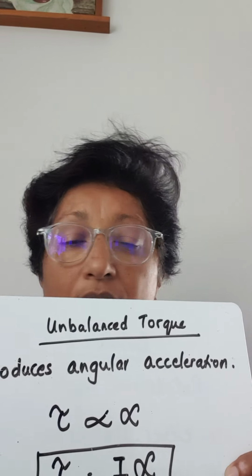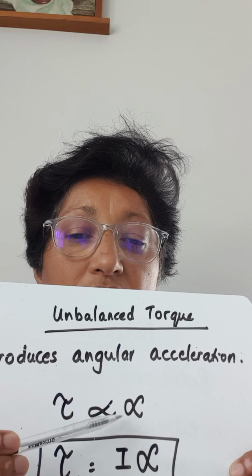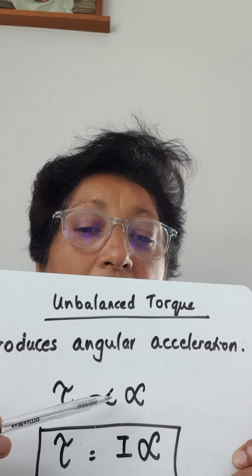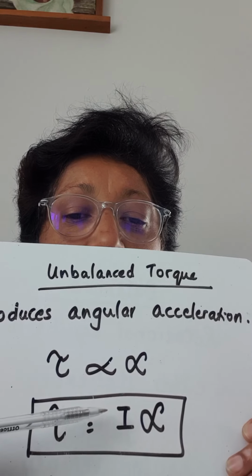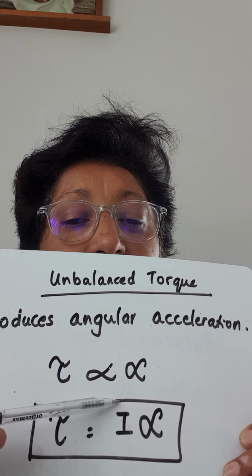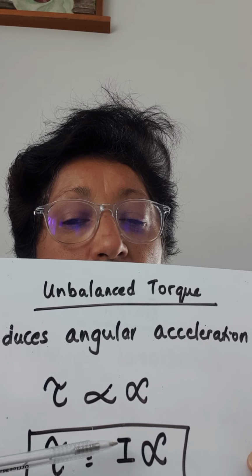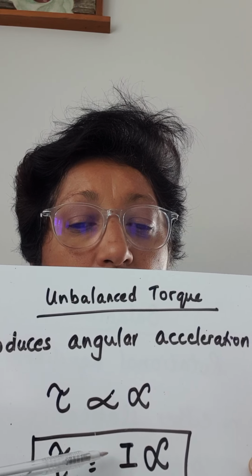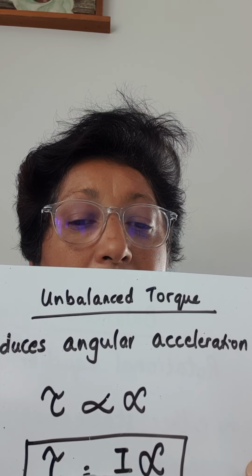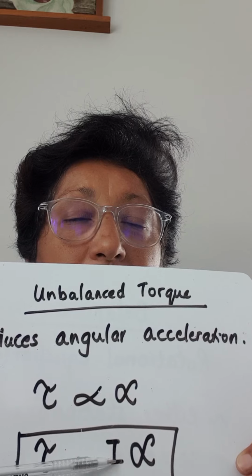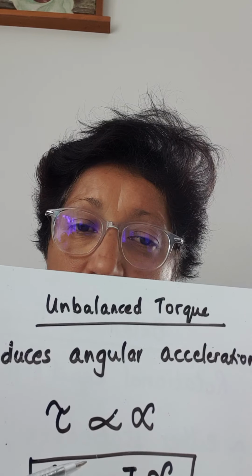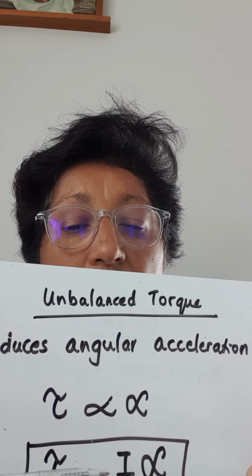So torque is proportional to angular acceleration, and the constant of proportionality is represented by the letter I, which is actually the rotational equivalent for mass. This mass is actually called linear inertia, and this I is called rotational inertia. So that's a new term that we've learned today, rotational inertia.